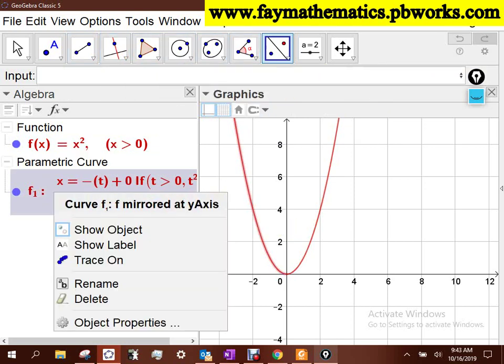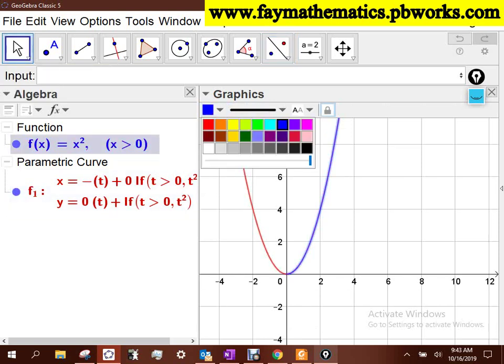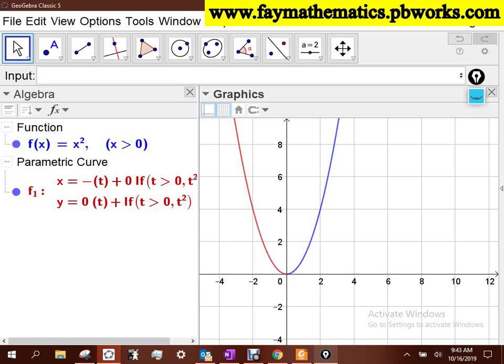But I do want to change the color of it. It won't let me, so let's change this one. Okay. So I start with the blue one. I reflect over the y-axis, and I get the red one, right?